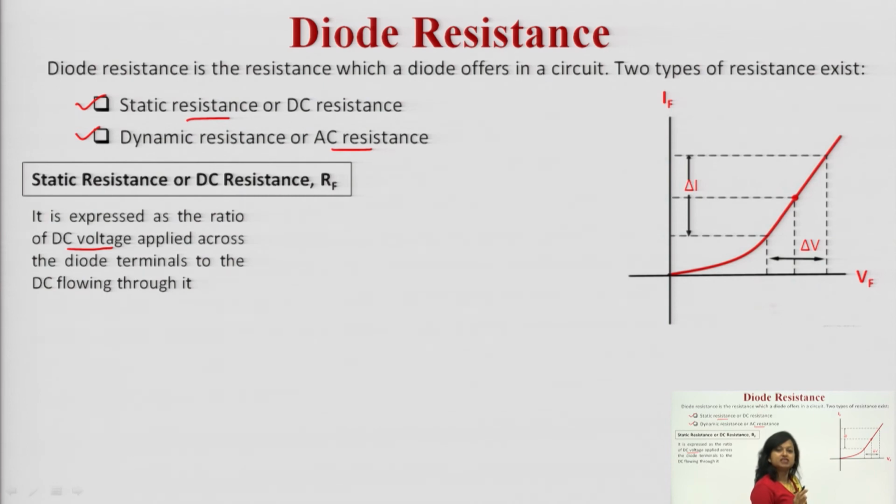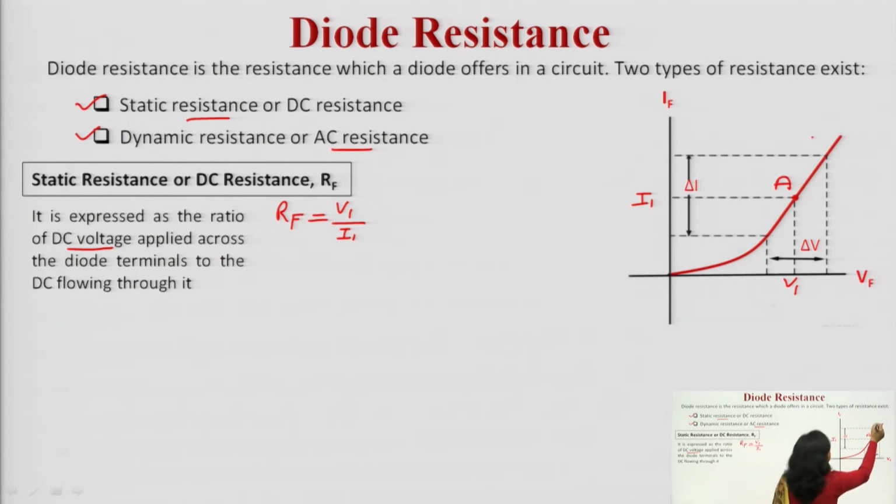Static means fixed. If we have to calculate the static resistance at point A, if the value of voltage is V1 at this point, current is I1. Static means at any fixed point. So, what is the value of this resistance? Static resistance or DC resistance at point A is nothing but V1 upon I1. If you have to calculate the static resistance or DC resistance at this particular point B, if the value of voltage is V2 over here, the value of current is I2.